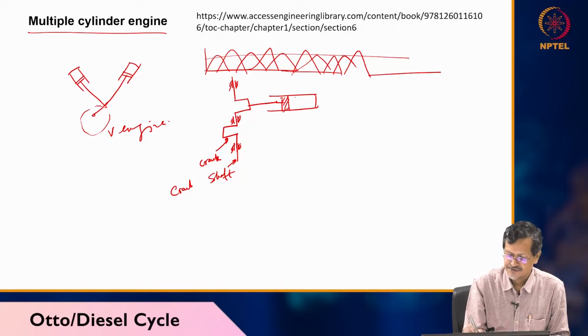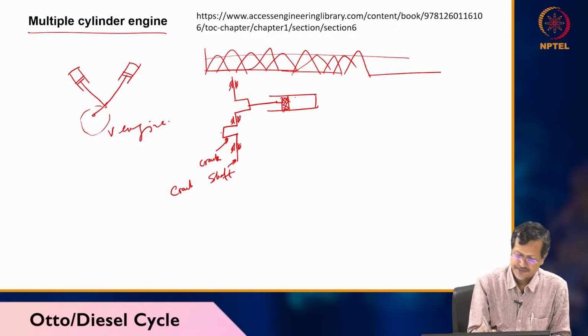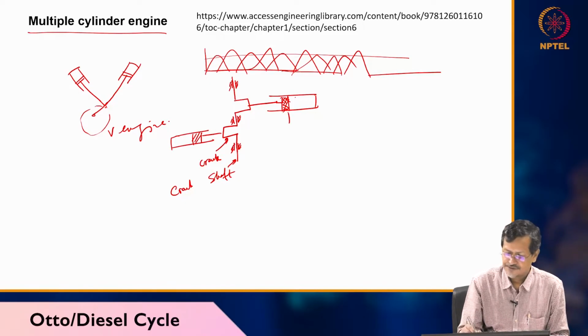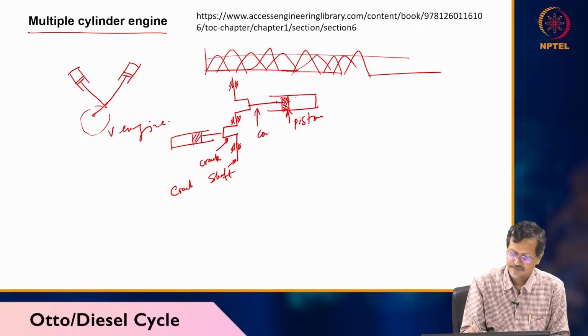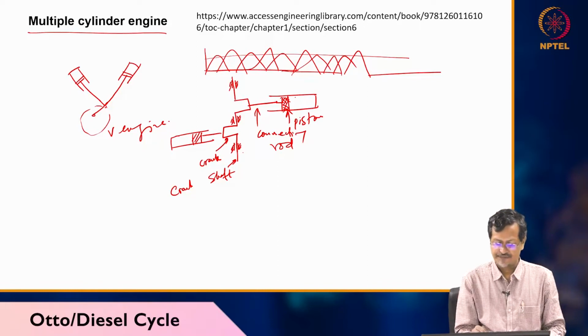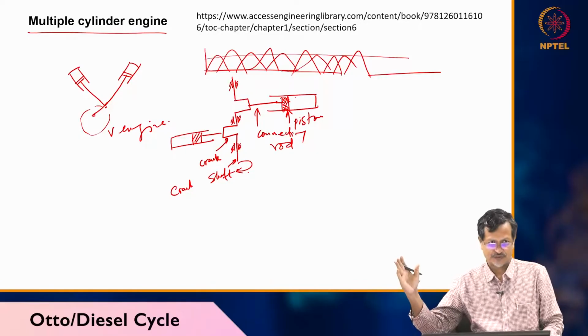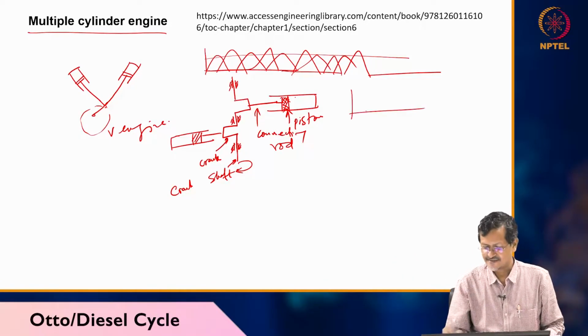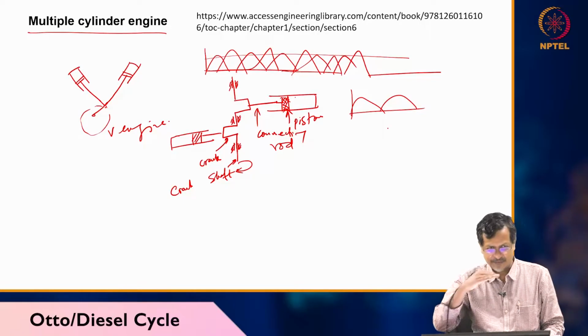I am just shading it. There is another piston there, and this is the connecting rod. Now you see, if I rotate the shaft, one piston will be moving towards TDC, another will be moving towards BDC. So I am getting two pulses actually. Instead of one pulse, I am getting another pulse also. So it is a little bit smoothed.